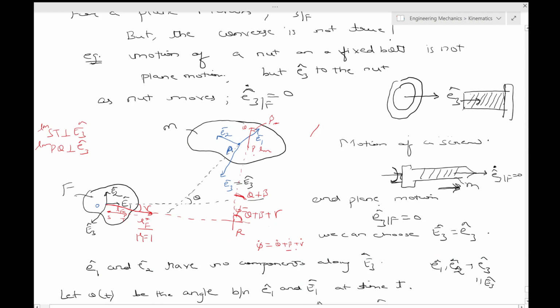small e1, since e1 is also fixed in frame F. So this will be equal to 0, and by the same logic gamma dot will also be equal to 0.